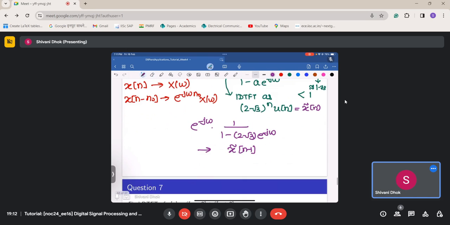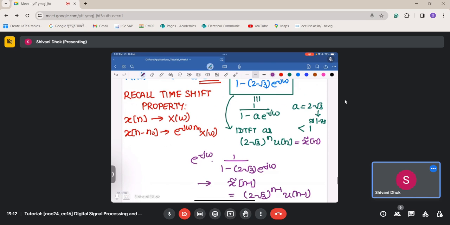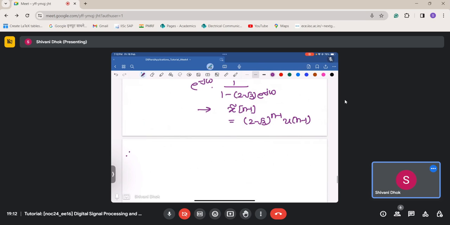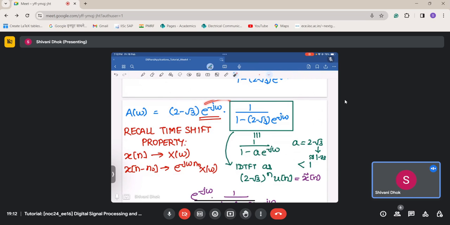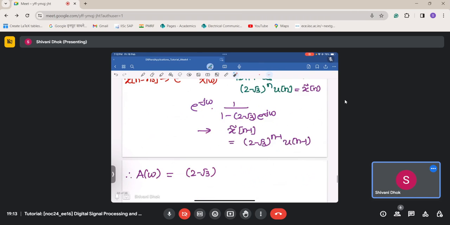So therefore this will be equal to 2 minus root 3 to the power n minus 1 into u of n minus 1. Okay, so therefore this A of omega will be equal to 2 minus root 3, which was there already, and this thing here will have a DTFT as 2 minus root 3 to the power n minus 1 into u of n minus 1.